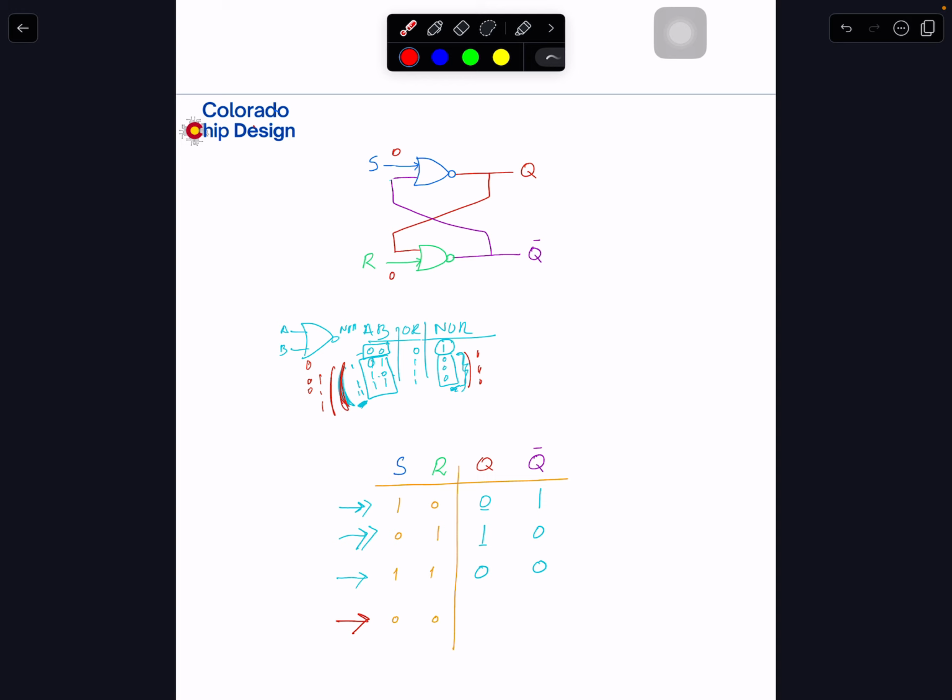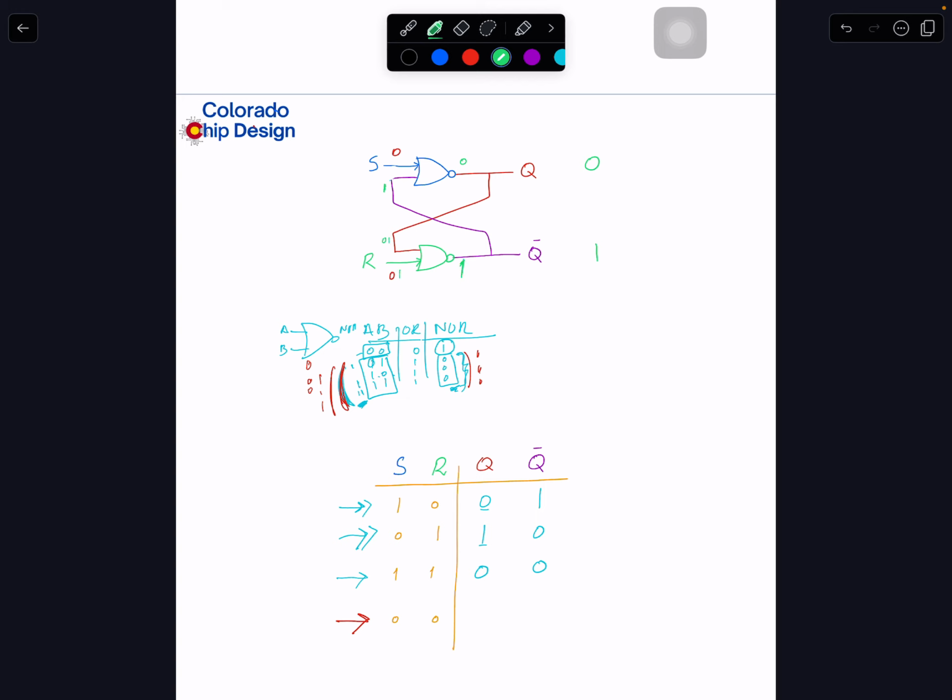Or you can say that when it's 0, 0, it really depends on the previous state. Let's pick two scenarios. Let's say the previous state was 0 and 1. In that case this is 0 and this is 1. Now as soon as this becomes 0, and when this is 0, this is 0, this will be 1.